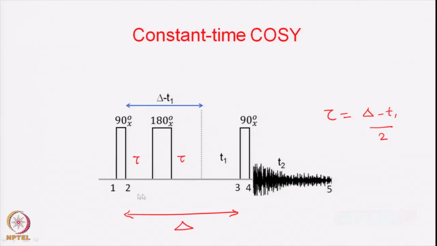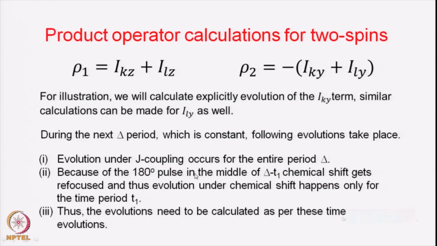So you will have the coupling evolution happening for the entire delta period, which means the coupling evolution time is not dependent on T1, because it is constant, it is the same for every T1 increment, whereas the chemical shift evolution happens only for the particular T1 period.